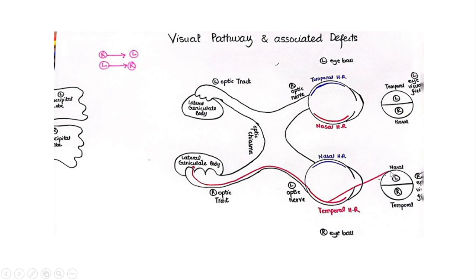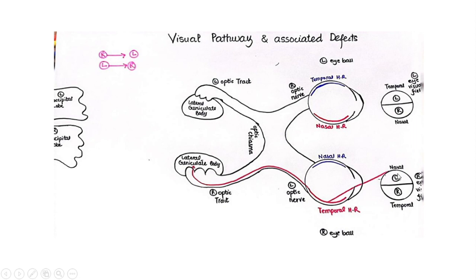So we see that there are the light rays coming here, and this is the right eye visual field, and we have divided it into the right and the left. The light rays are coming from the left side of the right eye visual field. What we said here is that anything coming from the left has to go on the right side.